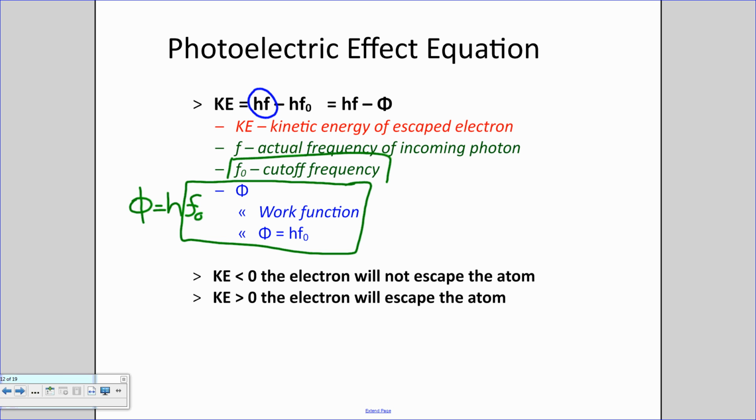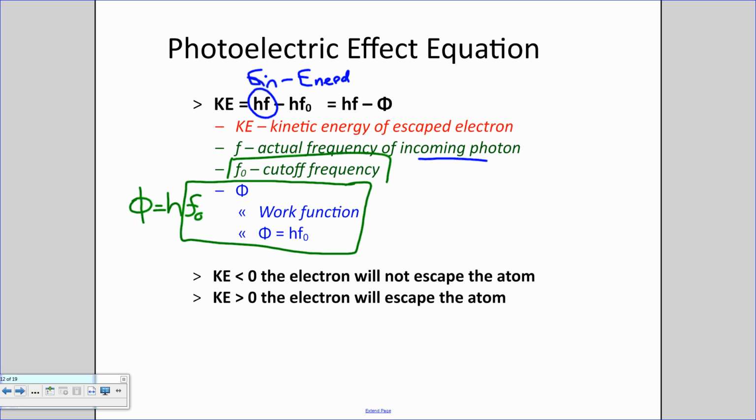That is h times f, where f is the frequency of the incoming photon, so that's the energy incoming. Now, h times f naught is the energy needed to kick it loose.